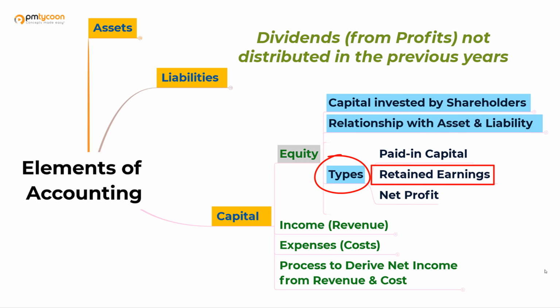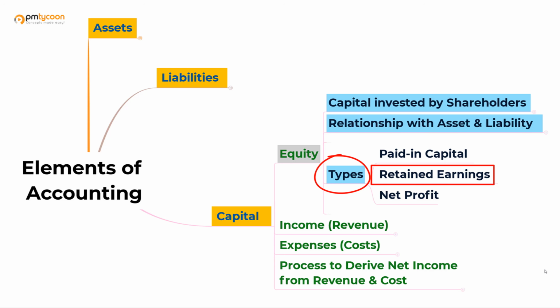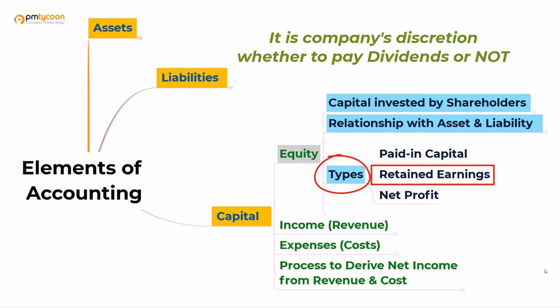These are the dividends that were not distributed to the shareholders in the past years. Let's assume a company is making profits year on year. It is at the company's discretion whether to distribute the profits that they make in a year in the form of dividends to the shareholders.